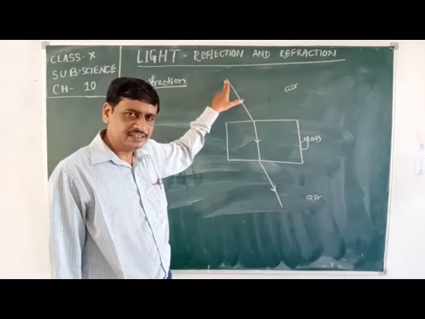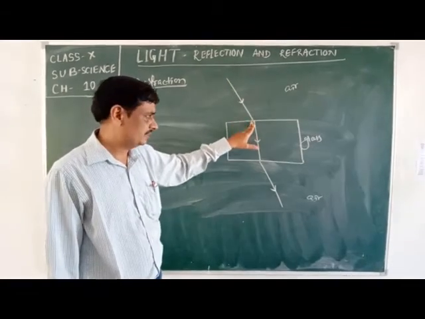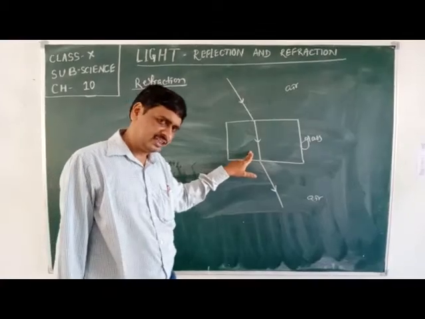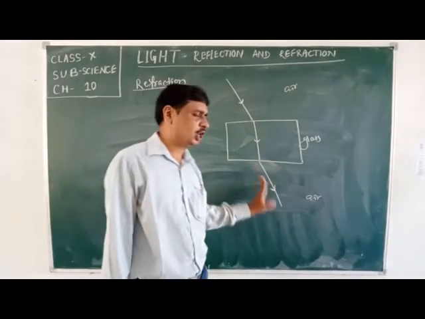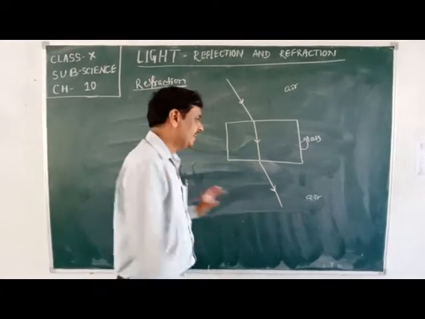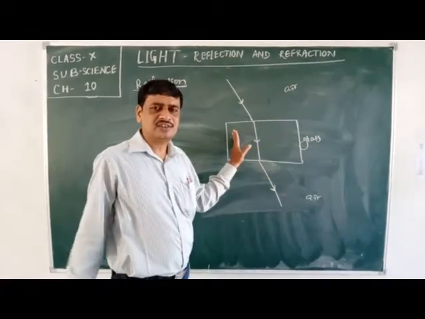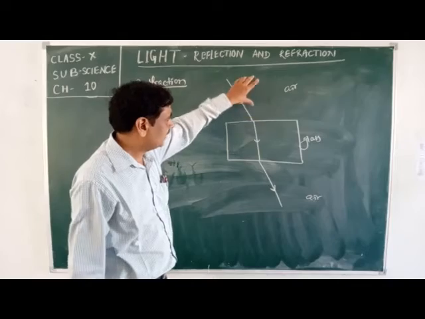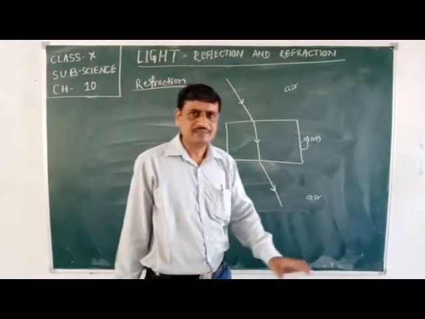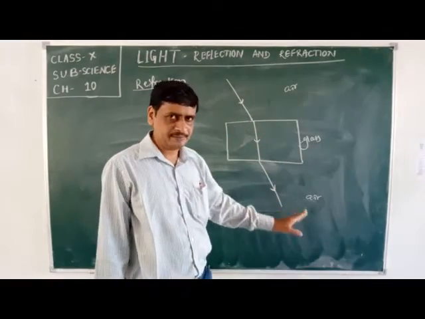First, the light is traveling in air medium, it enters into glass medium, then it comes out from the glass into air medium. Check, 2 times refraction happens here. First, this one from air to glass. Second time, it comes from glass to air.